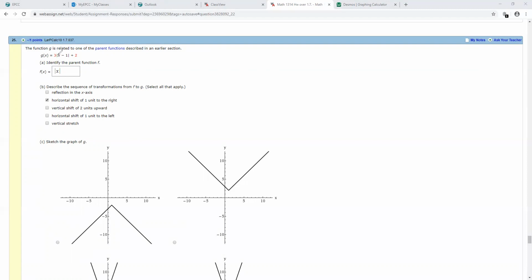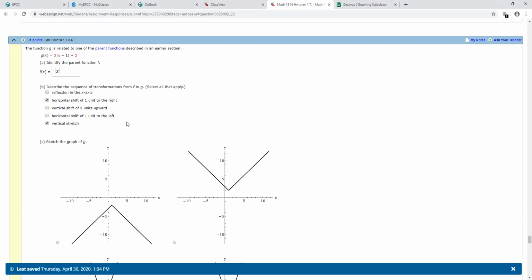Vertical stretch 3. So that's one of these down here. Which one of these is this? Vertical stretch. Very good. And they could have said a vertical stretch by scale factor 2.